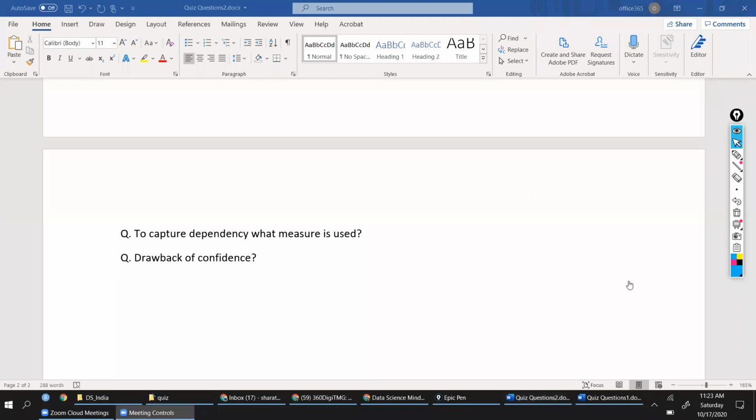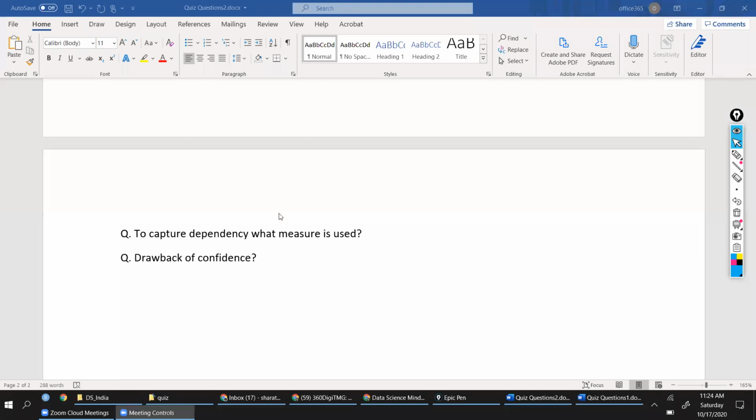It does not capture the true difference. No, it is based on dependency only, right? Biased, yes. The drawback of confidence is that it does not capture independency.